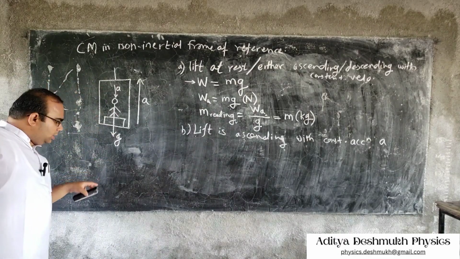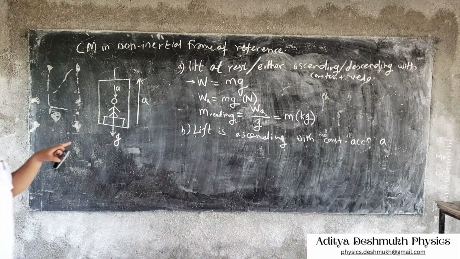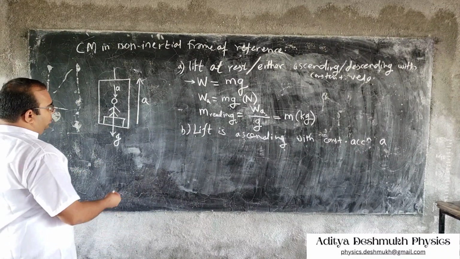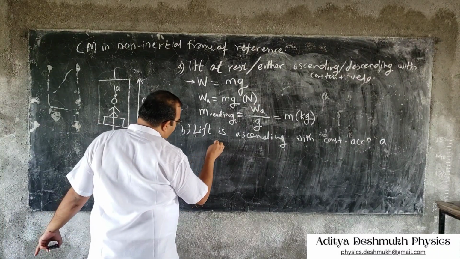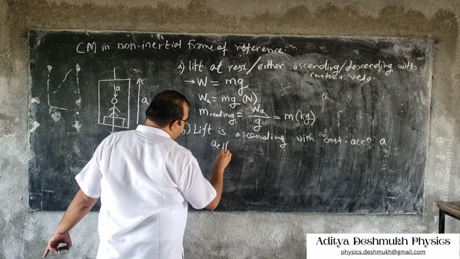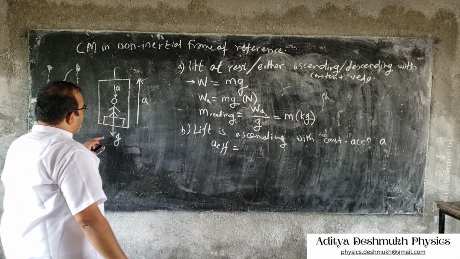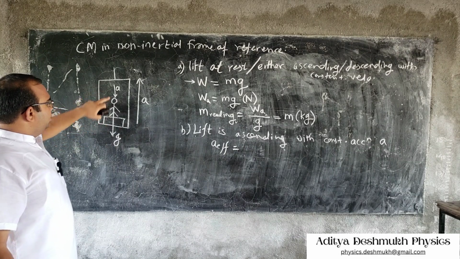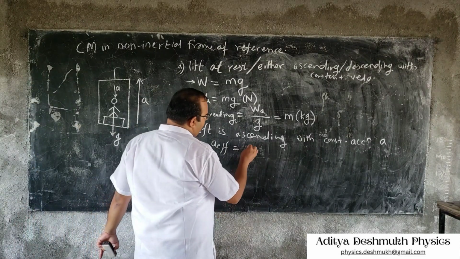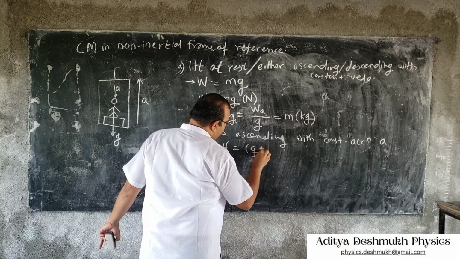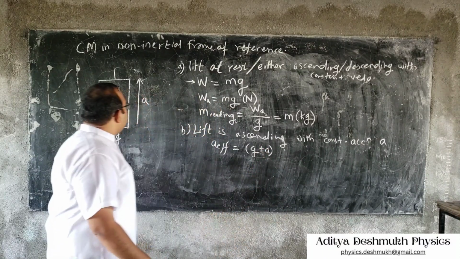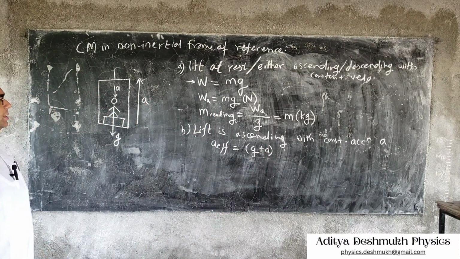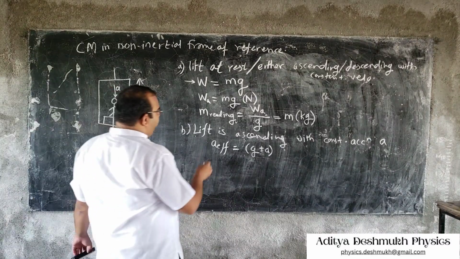If the person is on the earth or any planet, there will be acceleration due to gravity. So the effective acceleration on the person will be g plus a, because these are directed in the same direction.